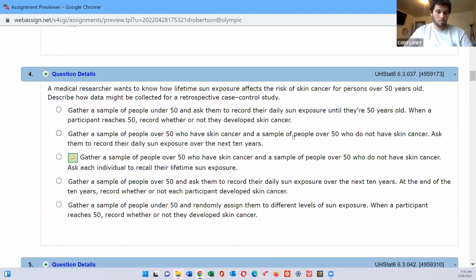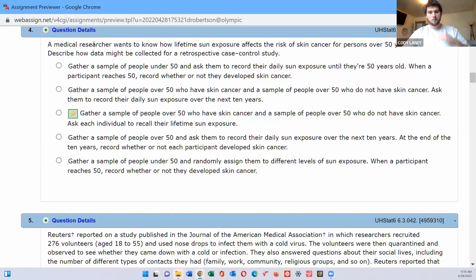Now, a medical researcher wants to know how lifetime sun exposure affects the risk of skin cancer for people over 50 years old. And then it says, describe how data might be collected in a retrospective case study.